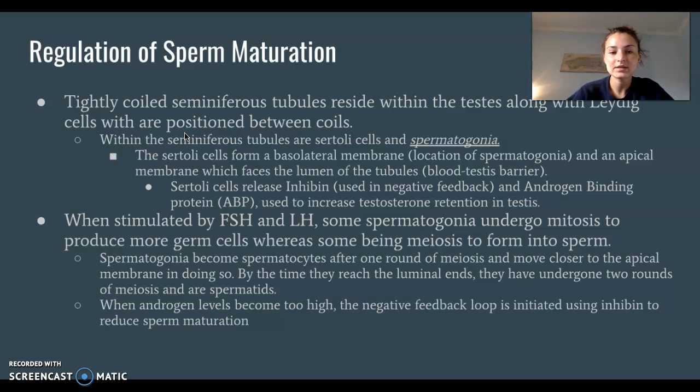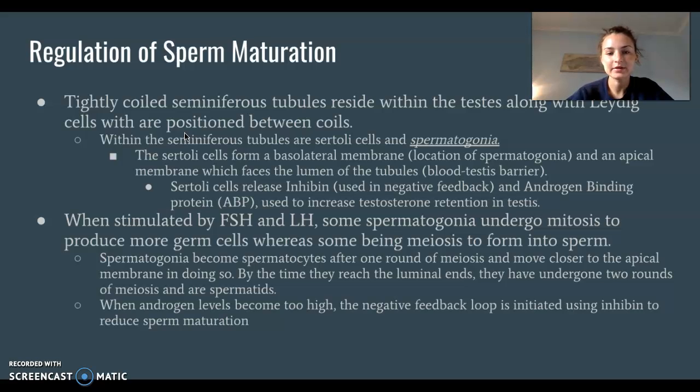Now, the Sertoli cells have a basal membrane and an apical membrane. The basolateral membrane is where these immature spermatogonia initially reside, and then the apical membrane faces the lumen of the seminiferous tubules. And this is also known as the blood-testes barrier, similar to the blood-brain barrier.